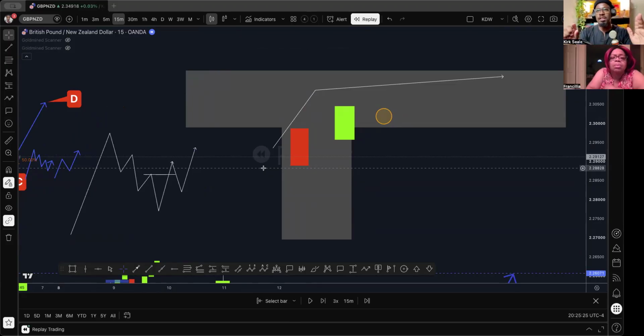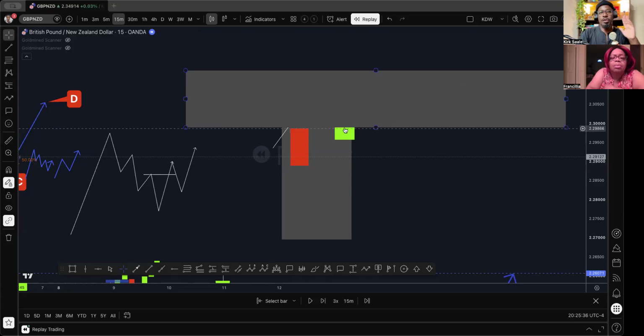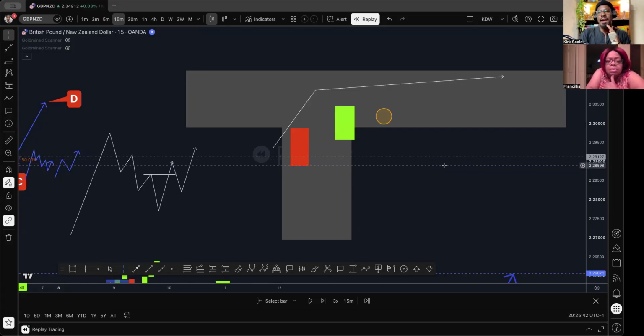That's when it creates the setup on the scanner, right? When the break of structure occurs. So that break of structure is the alert that says, hey, pay attention to me. Something could be happening. I haven't changed direction as yet.